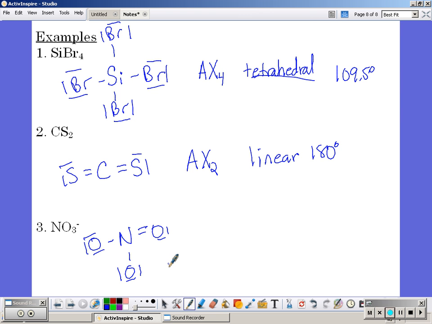The geometry would still be the same. So I can just look at this one resonance structure. So my geometry would be AX₃. So this would be trigonal planar. So the bond angle would be 120 degrees.